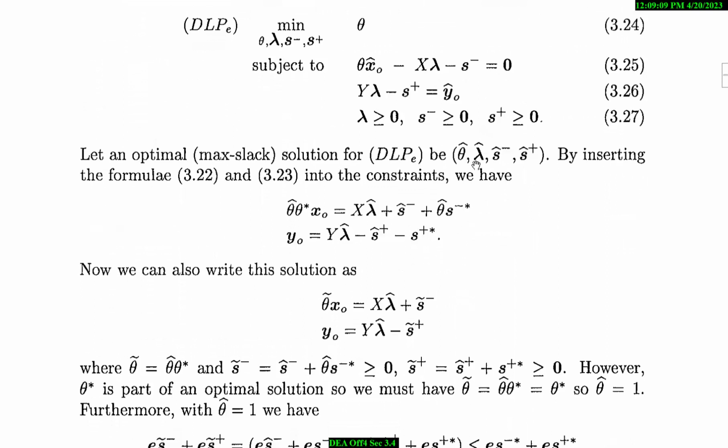We know this is the optimal solution of this model, so it is feasible and satisfies the constraints.